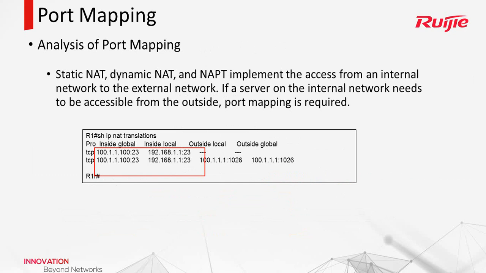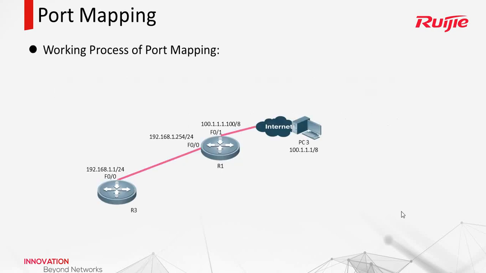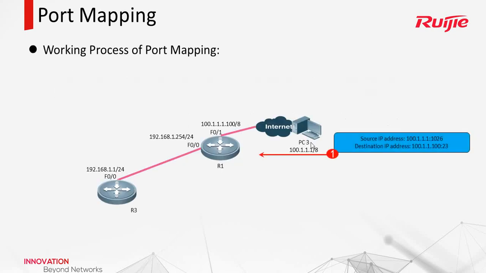Okay, so let us have an analysis of port mapping. Normally, when we have a server that needs to provide service to the internet, port mapping is required. This is the process of port mapping.